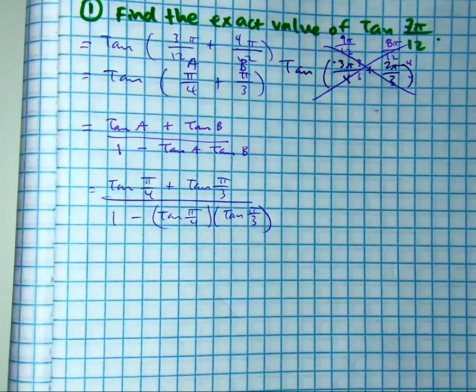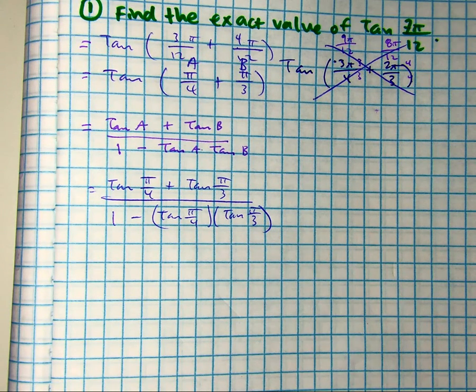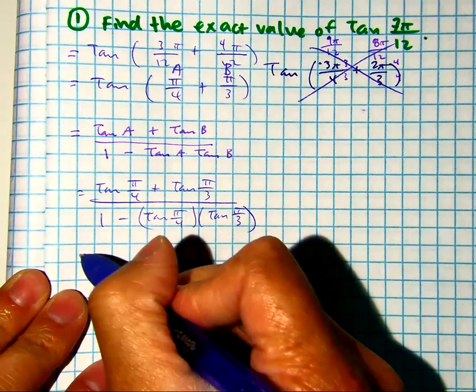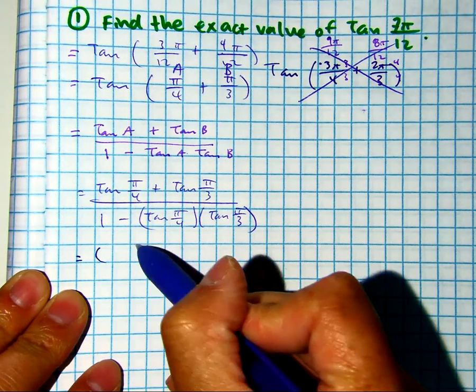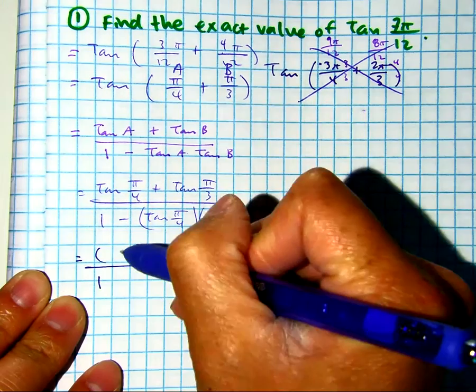Thank you. Daphne, tangent at pi over 4. Kate, tangent at pi over 4. Correct.